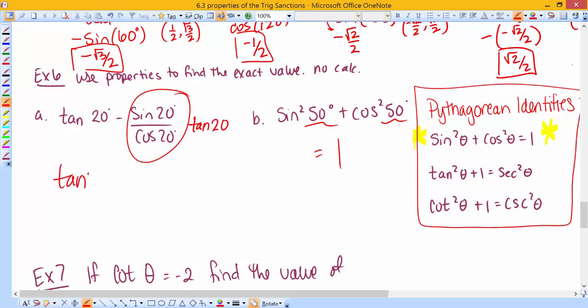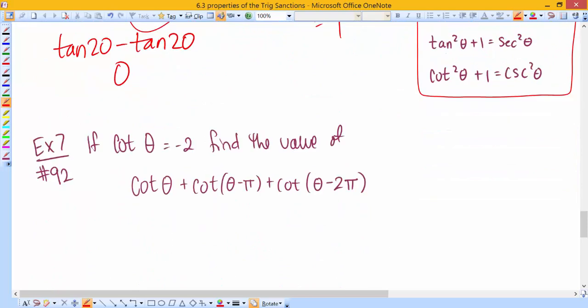So I have the tangent of 20 minus the tangent of 20, which equals 0. Not too bad. These are easy, but you do have to be able to use the properties. Look back at them. Properties, identities, they're the same thing. Start writing them on the back of your unit circle, please. It's going to make your life so much easier.